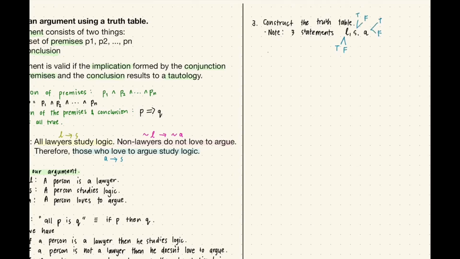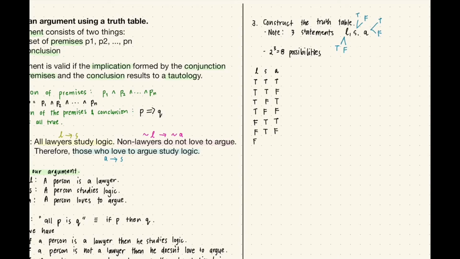So each statement you have two possibilities and three statements, so we have 2 raised to 3, which is equal to 8 possibilities. So our truth table will have 8 rows. Okay, so how do we do that? We just try all the possibilities for true or false.